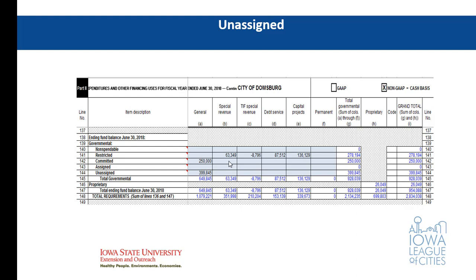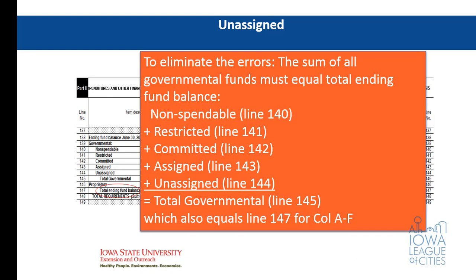Maybe they didn't get a project done in this fiscal year, and so that money is going to fall over into next fiscal year. The other time is when the council just has estimates for budget, and sometimes it's right on task, and other times it may be a little below, and sometimes a little bit above. So this is the unassigned, and again, this is strictly for your governmental fund types.